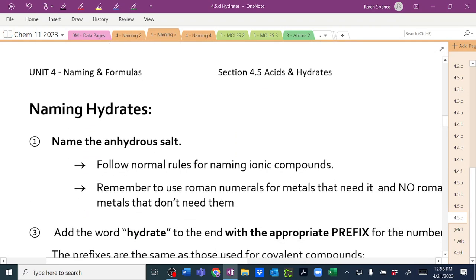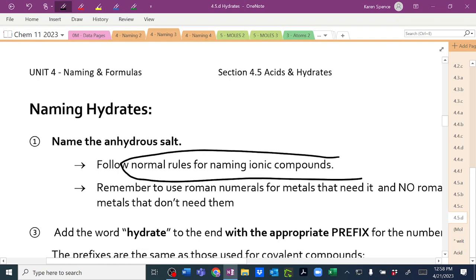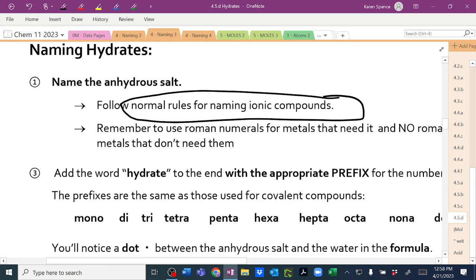All right, how do we name hydrates? And this is what is going to relate to quiz 11 and quiz 5. So we're going to follow the normal rules for naming ionic compounds. That's for quiz 5. We're going to use Roman numerals for the metals that need it. Who are the metals that need Roman numerals?